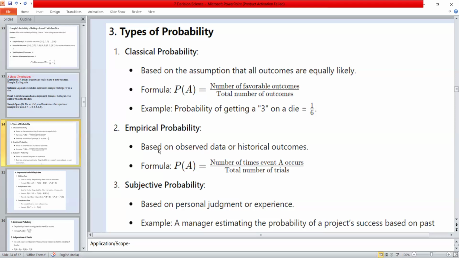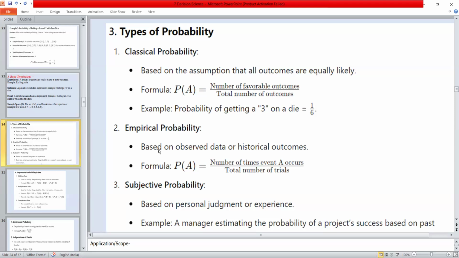Next is subjective probability, based on personal judgment or experience. Like an employer or business owner, CEO, MD, chairman, or global head or national head, if he is taking a decision based on his judgment or experience, then it is called subjective probability.